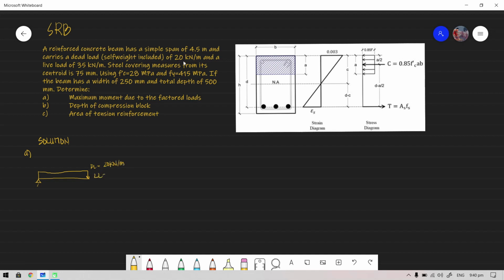And then the live load is 35 kilonewton per meter. And then pag simple support, a combination of hinge and roller. So this will be 4.5 meters.